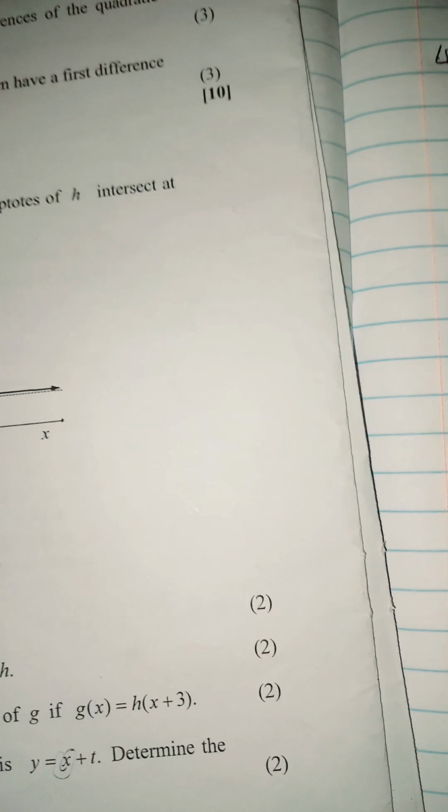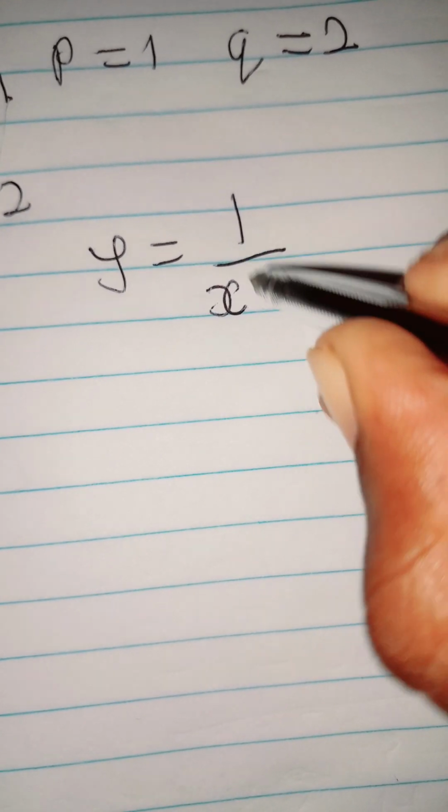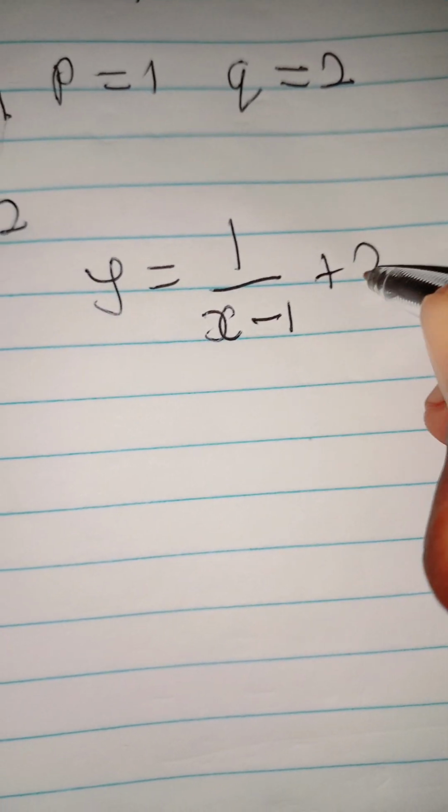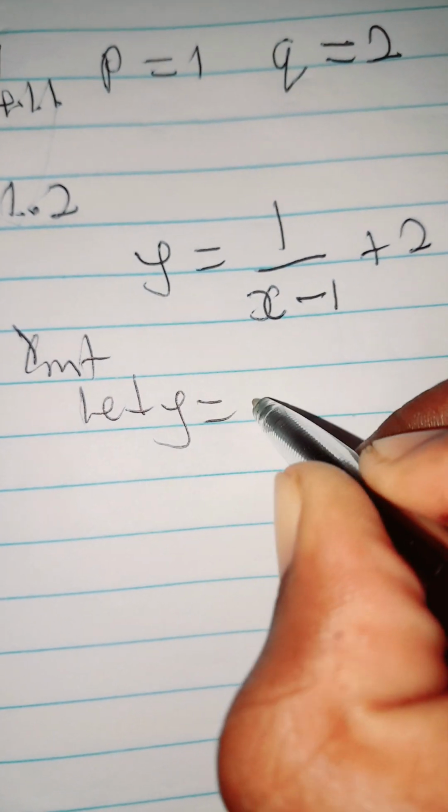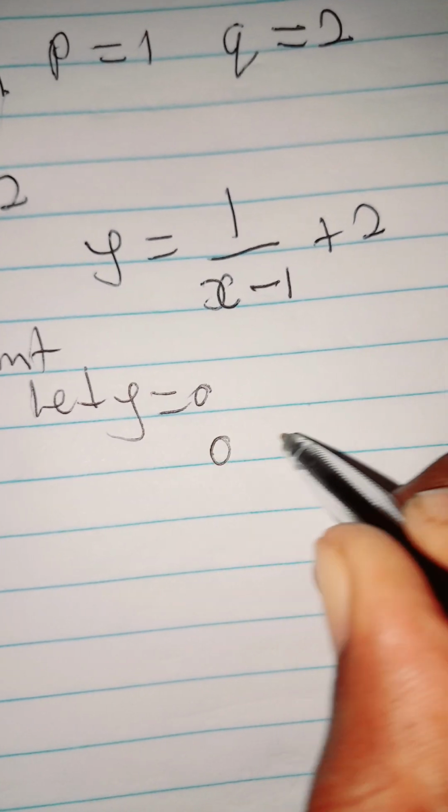How will you find that? We said the asymptote p is 1 because it's shifting to the right, and q will be +2. We need to find the x-intercept, so for the x-intercept let y be 0, meaning that where there is y, we put 0.